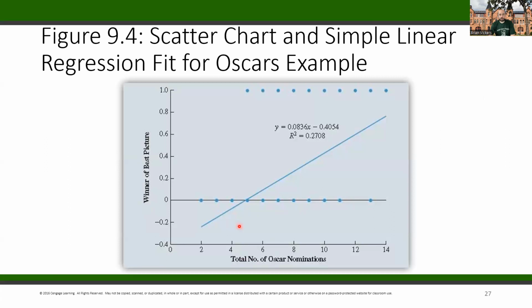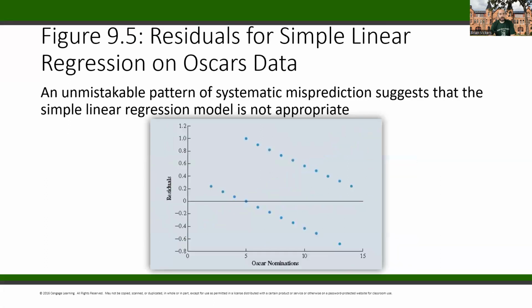So if a movie had 14 nominations or this many, did it win, I believe, at least one Oscar? And so when your outcome is a 0, 1, using continuous variables to try to predict a 0, 1 doesn't work that well.